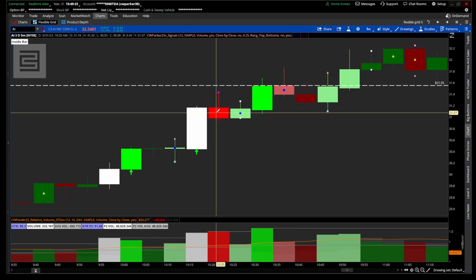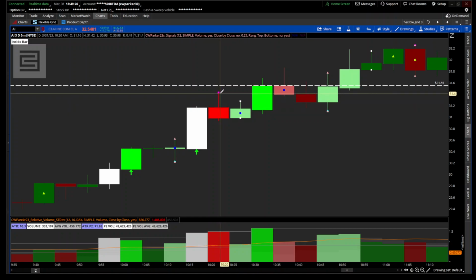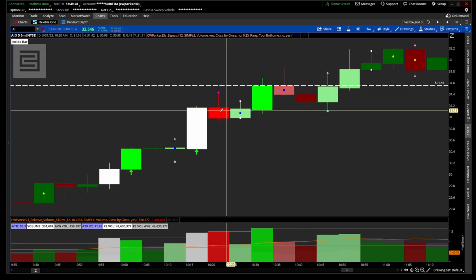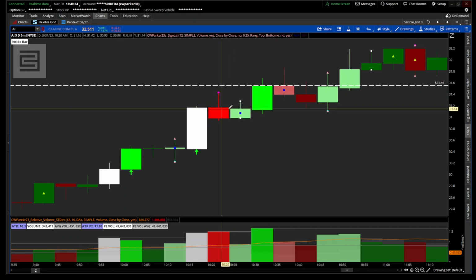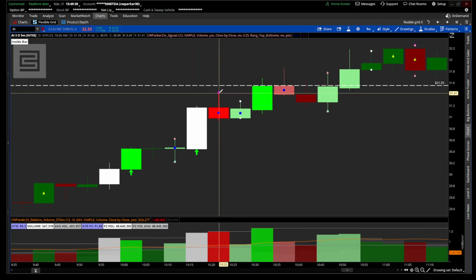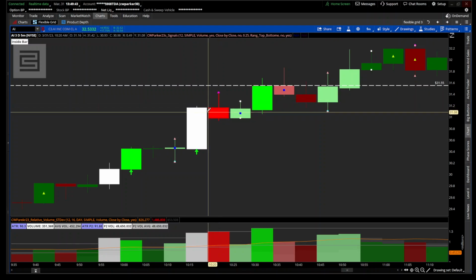And here's your bearish divergence with this magenta dot right here. And you had a square right here showing this is a pressure area. The stock isn't able to go higher or lower. This one's showing you the stock made a new high, but the close is less than the previous close.